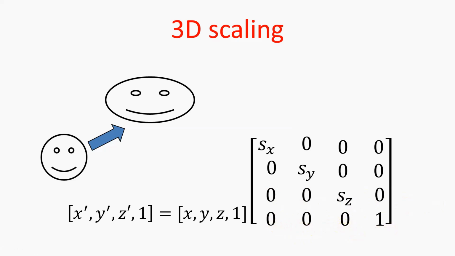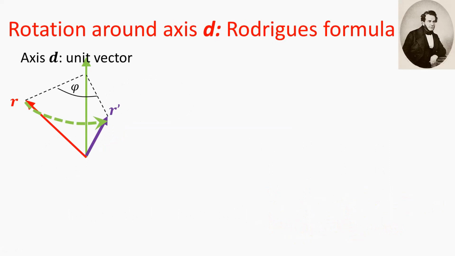These were pretty simple affine transformations. Let us consider a more complicated one, rotation in 3D. Assume that we are rotating around an axis d that goes through the origin of the coordinate system, and we also suppose that the direction of the rotation axis is specified by a unit vector.